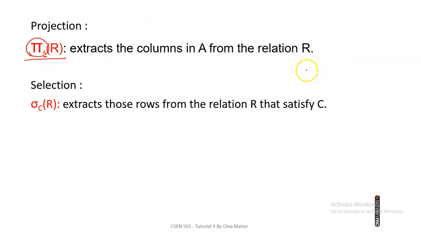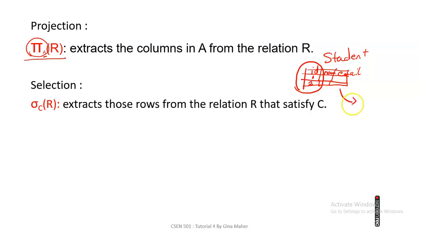Assume that we have a relation called student with ID, name, email. We have two tuples, for example, ID1, ID2. What if we want to extract the IDs of all students? We want to get a vertical part from this relation. How can we do this using relational algebra?